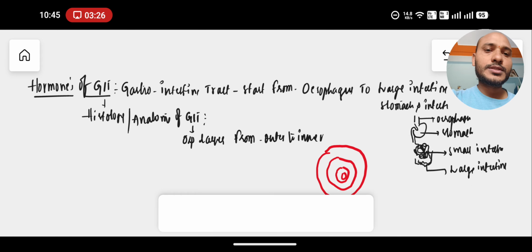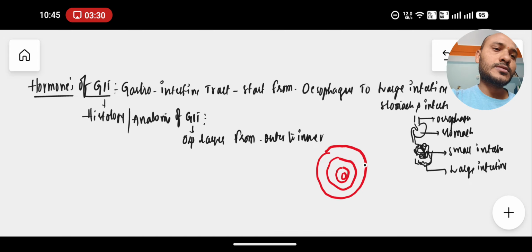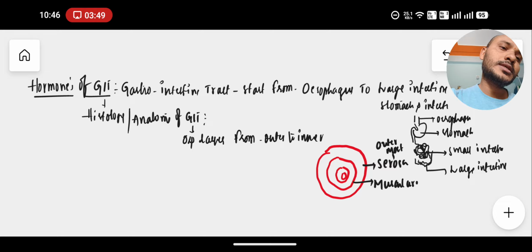The outermost layer of the GI tract is called the serosa. Below the serosa we have one more layer called the muscularis, and below that is the submucosa.